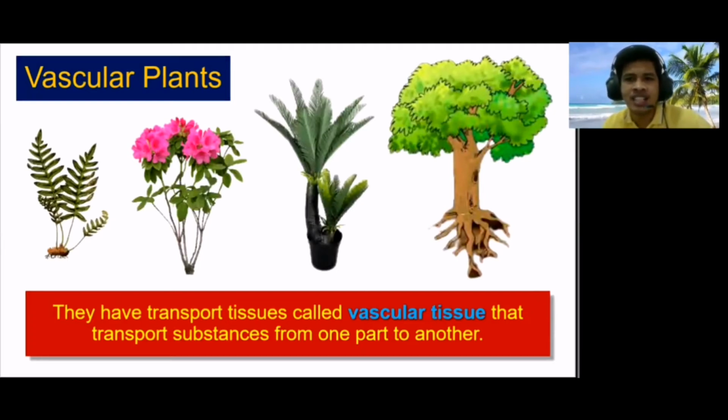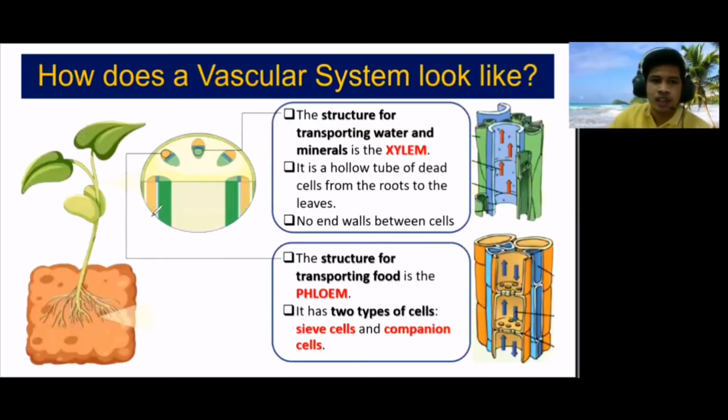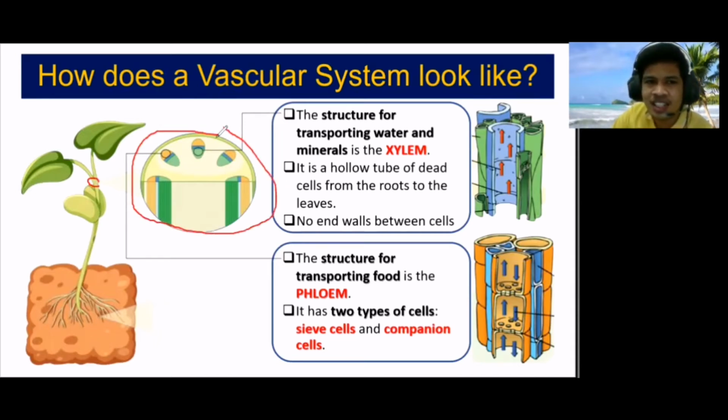Now, how does a vascular system look like? If you cut the plant here, you will see something that looks like this. Can you see the yellow one, the blue one, and the green part here? The vascular tissue or system has two kinds. Number one, we call it xylem.